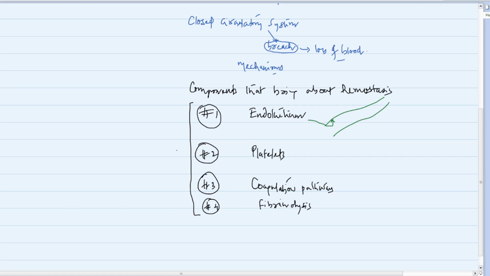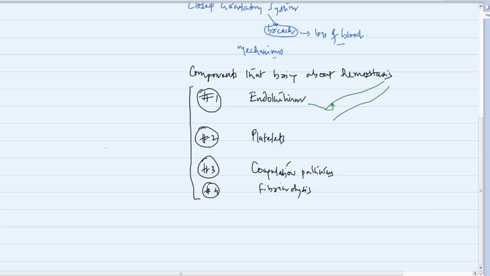So why should we even care for these four components? An understanding of these four components, which forms the bulk of this lecture, is the foundation for us to understand the antithrombotic agents.